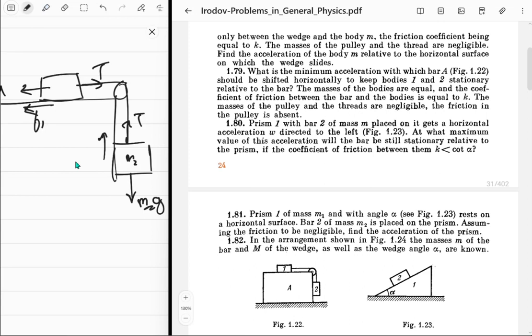Let's figure out when this will accelerate downward, and at what particular point the acceleration becomes zero, because it has to be continuous. The graph of A's acceleration versus the vertical acceleration of 2 has to be a continuous graph, because physics, come on.